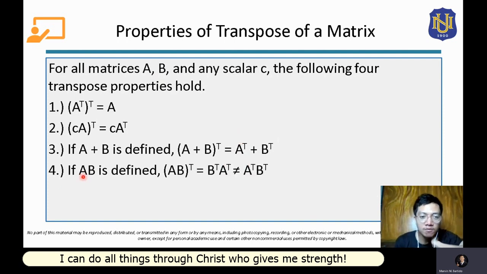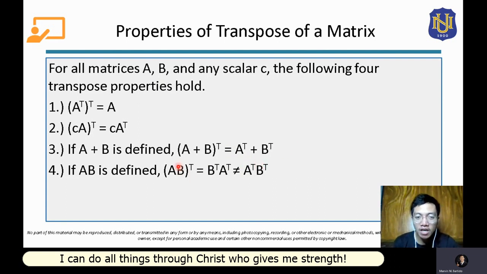Now, for the fourth property, if the product AB is defined, meaning matrices A and B can be multiplied, then (AB) transpose is equal to B transpose times A transpose. But this is not equal to A transpose times B transpose.